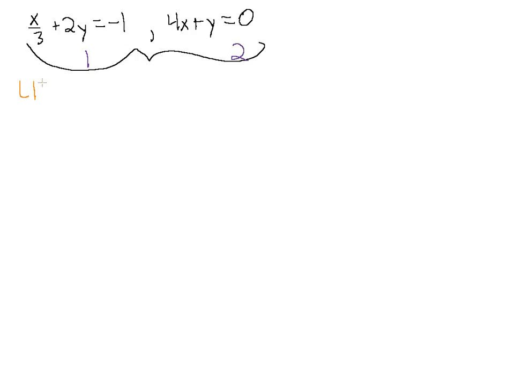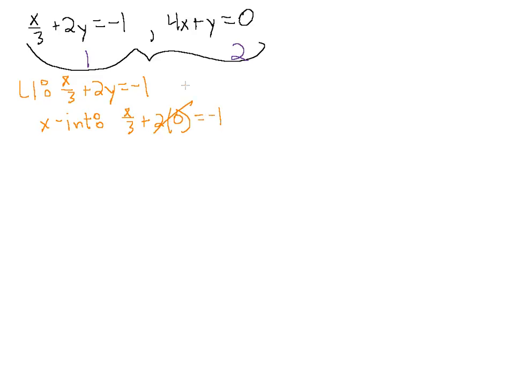So let's go ahead and find the intercepts for line 1. Line 1 is described by the equation x over 3 plus 2y equals minus 1. To find the x-intercept, we simply plug in 0 for y and solve for x. So we have x over 3 plus 2 times 0 equals minus 1.